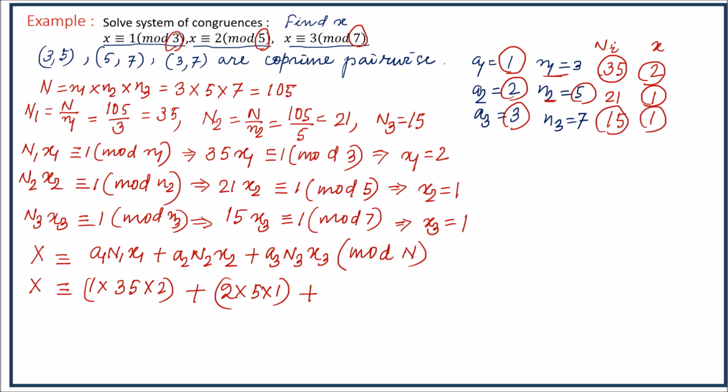Sorry, it is not 5 for N2, I made a blunder here. It will be 21 only. So whole modulo N, and N is how much? N is equal to 105.